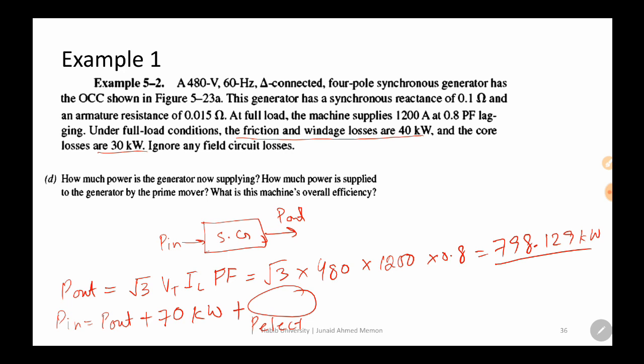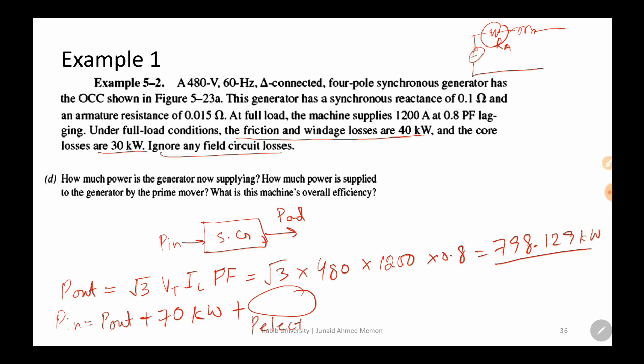So what are the electrical losses? These are the losses in the resistor in the equivalent circuit. Those are your electrical losses. The question says to ignore the field circuit losses.